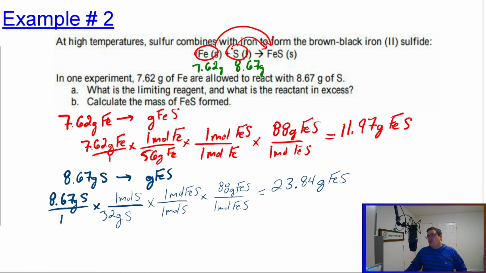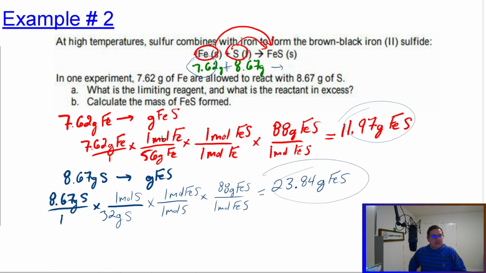Okay. What I'm going to do now is look at these numbers and see what this information is telling us. So if I mixed 7.62 grams of iron with 8.67 grams of sulfur, it produced something. Well, which one of these produced a smaller number? Well, that's 11.97.